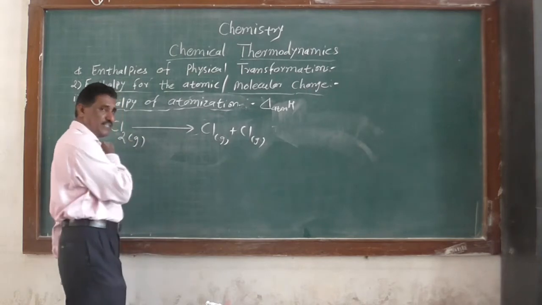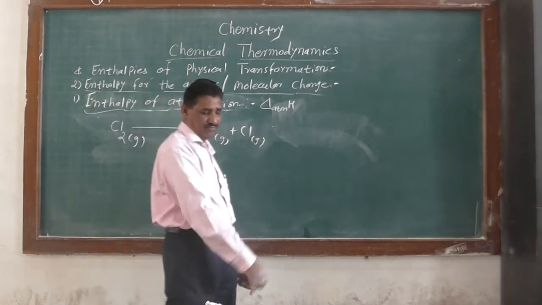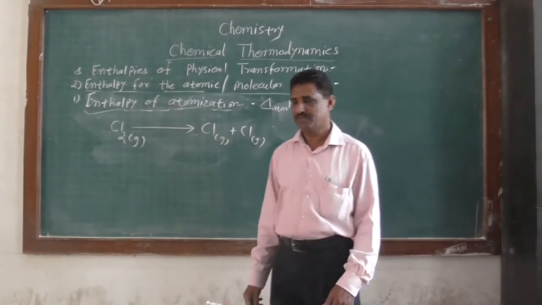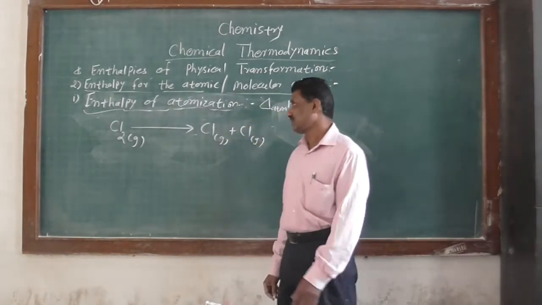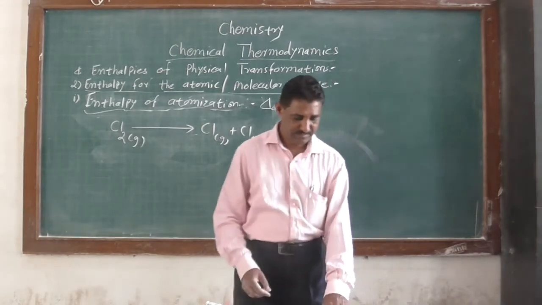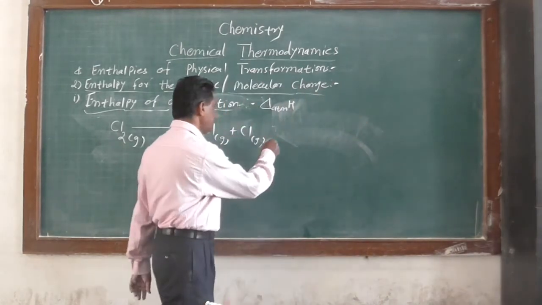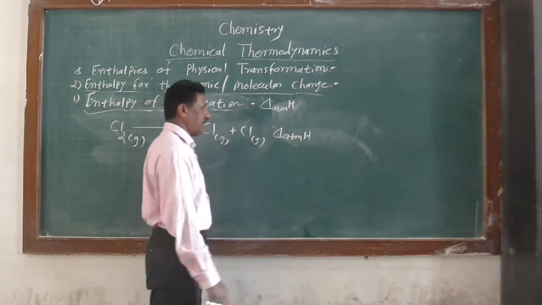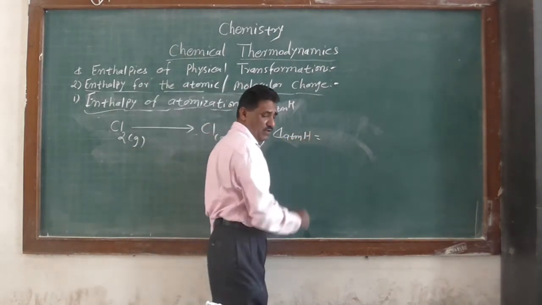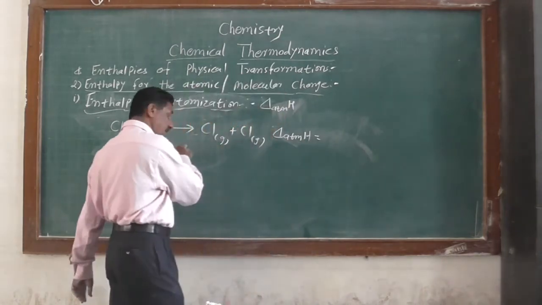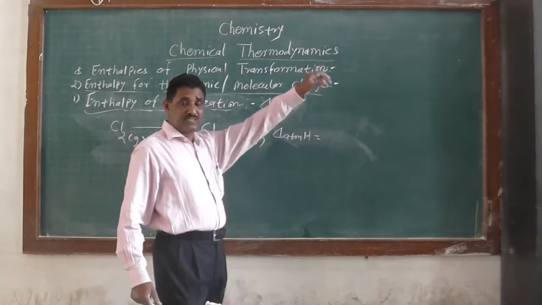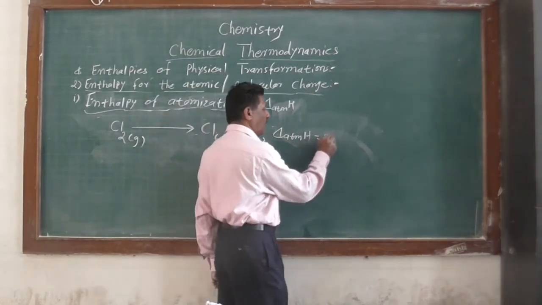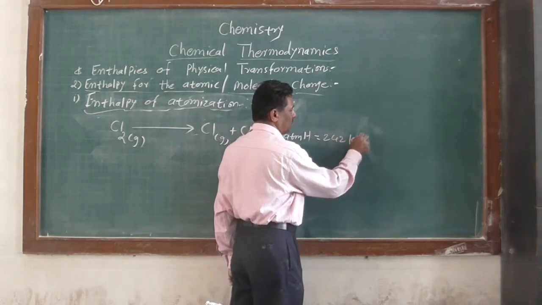This molecule is dissociated into chlorine atoms. 2 chlorine atoms we get, and here delta H atomization is equal to the amount of energy required, hence delta H is positive, and that value is 242 kilojoules per mole.